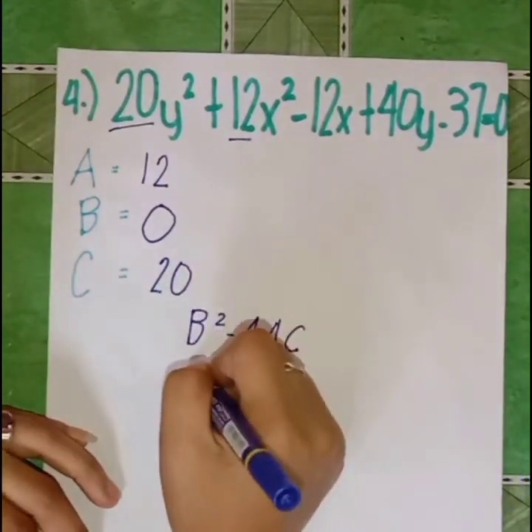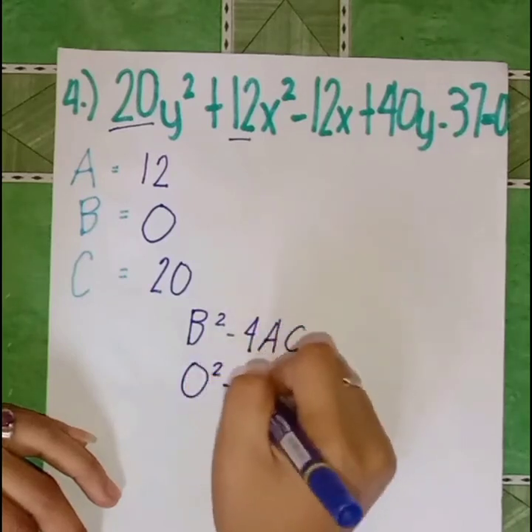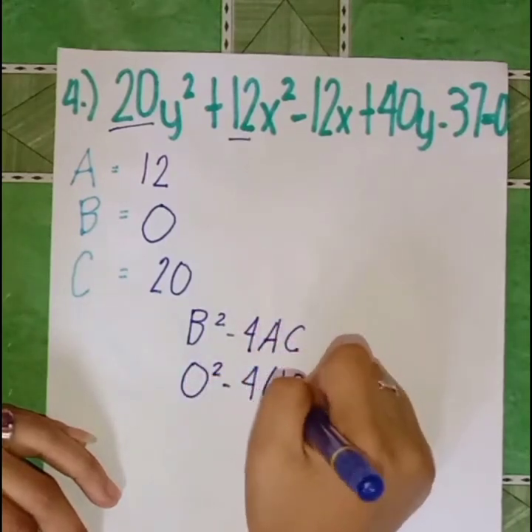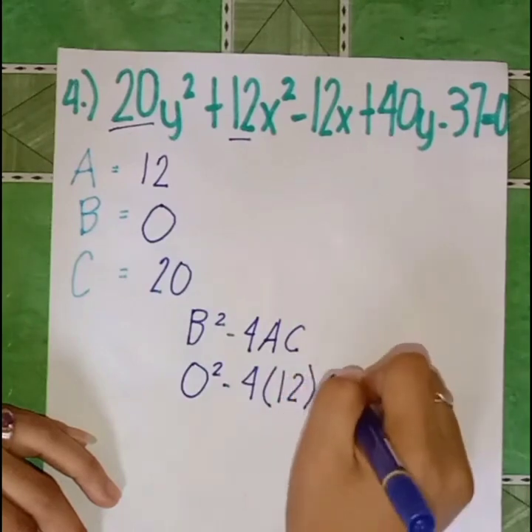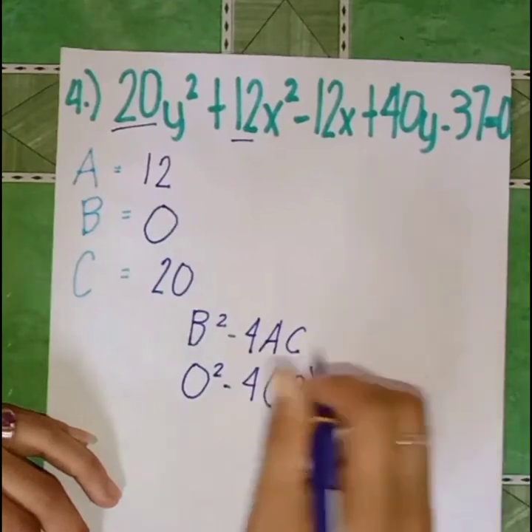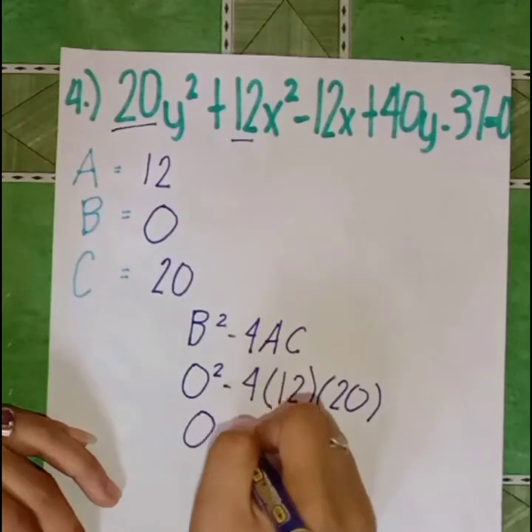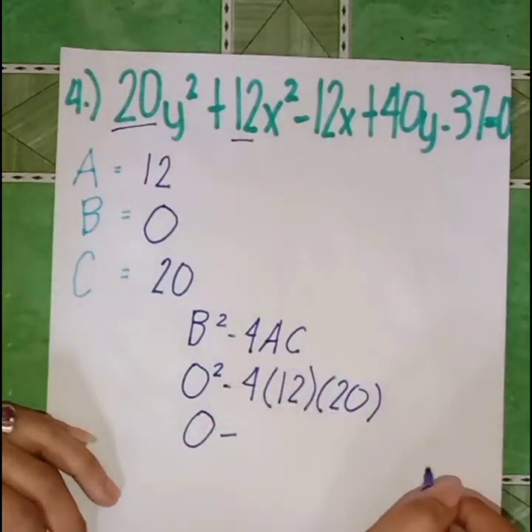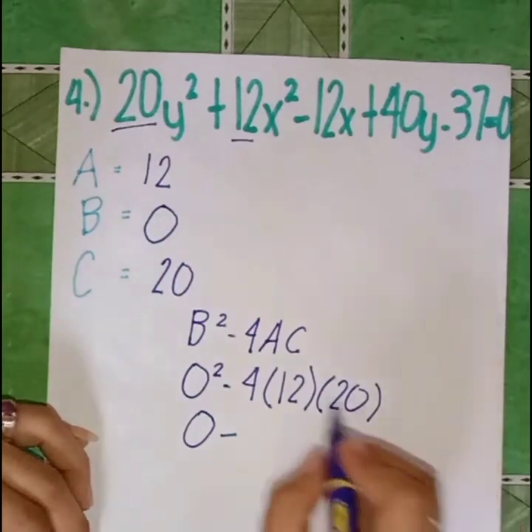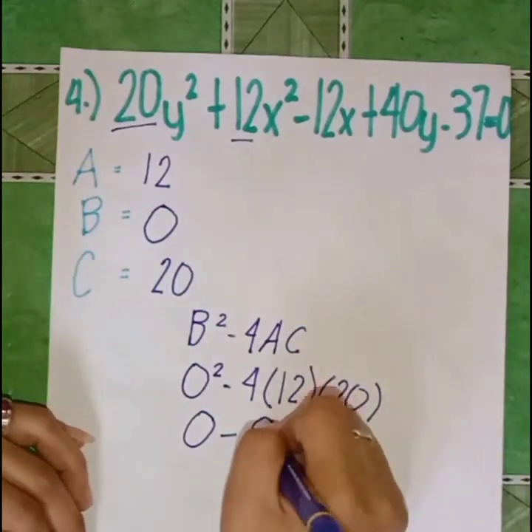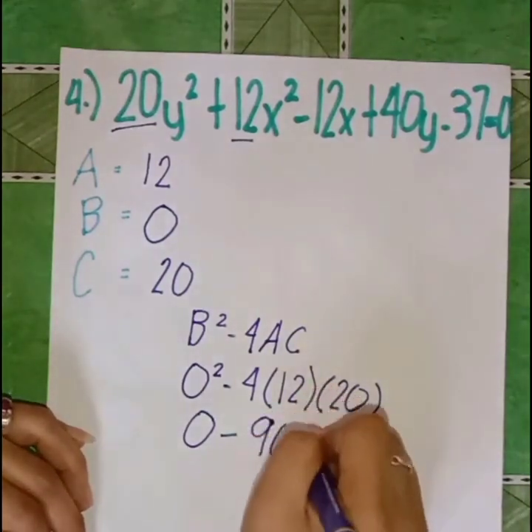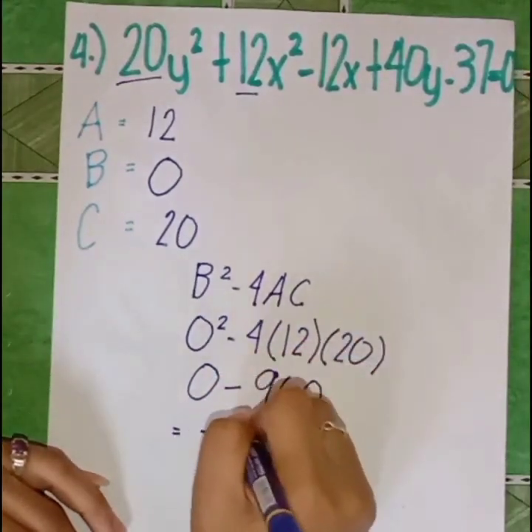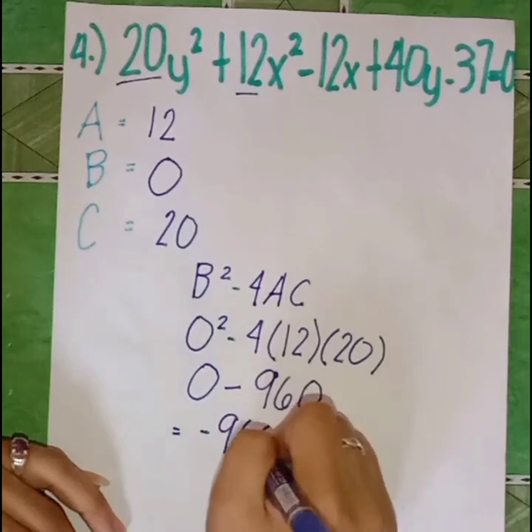All we do is distribute each value into the discriminant. So, b is 0. Copy the constant 4. The value of a is 12. And the value of c is 20. So, 0 squared is equal to 0. Negative 4 times 12 times 20 is equal to negative 960. 0 minus 960 is equal to negative 960.